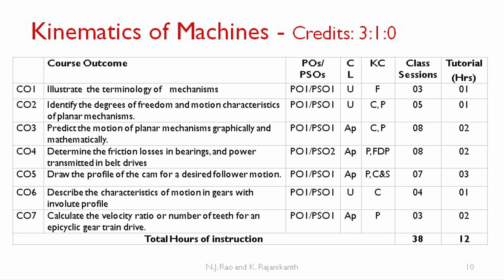Kinematics of machines, credits 3-1-0, which means it is 3 hours of theory, then 1 hour of tutorial, and there is no laboratory session. So if you see, there are 7 outcomes which are written there. Let us look at, as an example, the first outcome, CO1: illustrate the terminology of mechanisms. Now this has 3 classroom sessions and 1 tutorial.